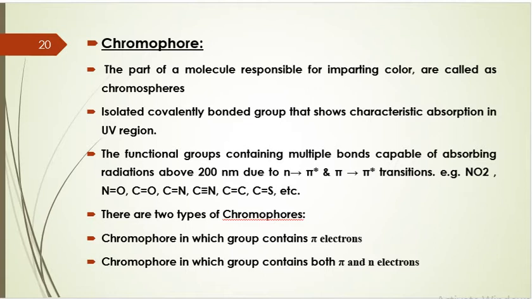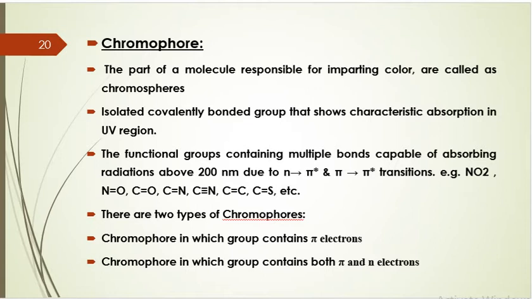Multiple bonds which are capable of absorbing radiation above 200 nanometer can also act as a chromophore, because of n to pi star and pi to pi star transitions.